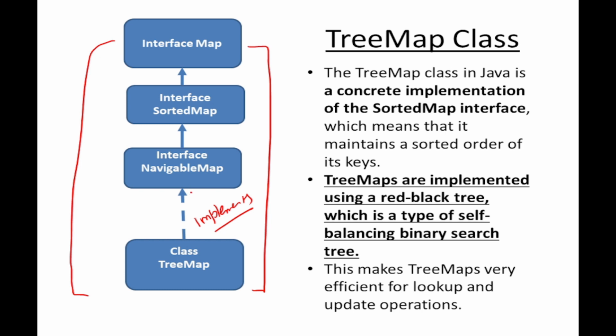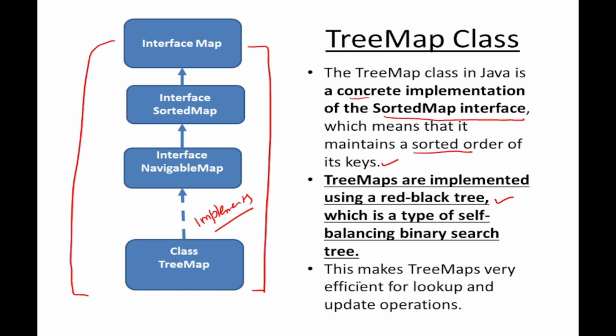It implements this particular map called NavigableMap. Now the TreeMap class in Java is a concrete implementation of the SortedMap interface, which means that it maintains a sorted order of its keys. TreeMaps are implemented using a red-black tree, which is a type of self-balancing binary search tree. So this makes TreeMaps very efficient for lookup and update operations.